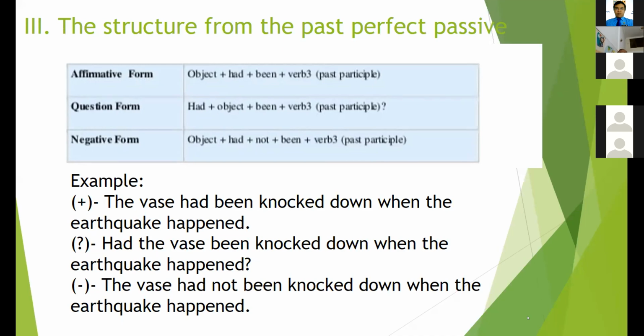You can also use hadn't instead of had not. I have researched many times, but there are no more forms of the past perfect passive, so it has just 3 forms. Yes, and next slide.